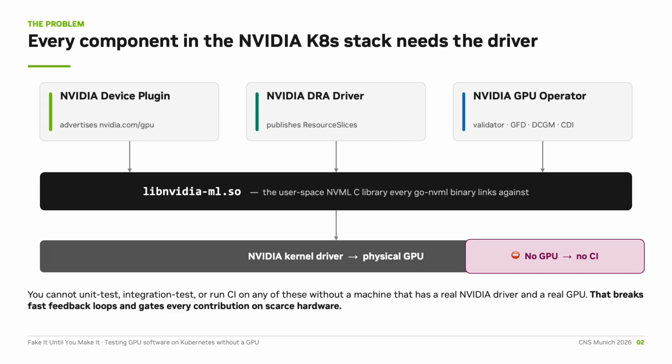And all of this is because you need that black line there: libnvidia-ml.so. Basically, you need that shared file that tells the applications, mostly Python applications in your pods, that there is a GPU outside of the container and it can be used.